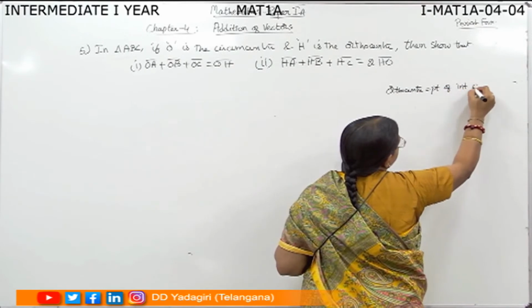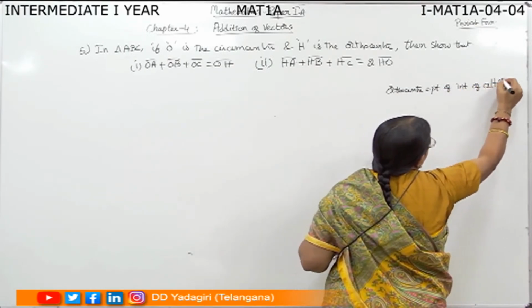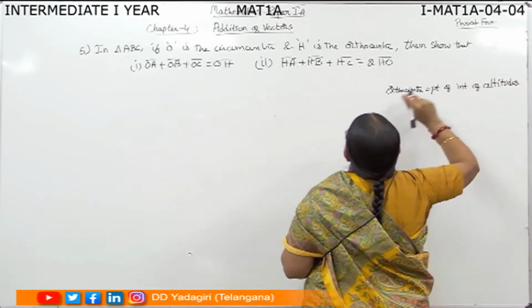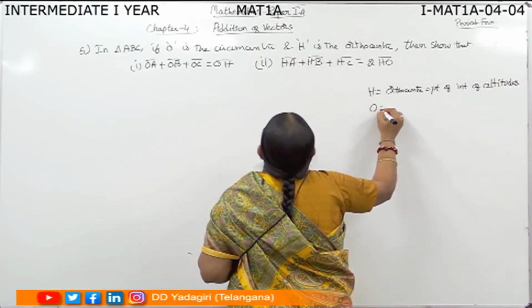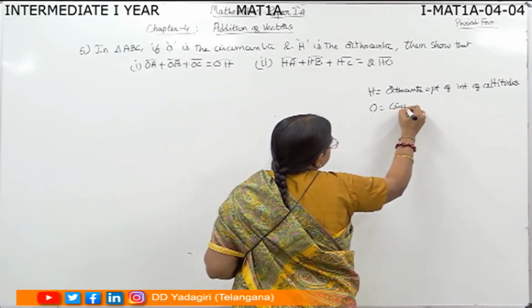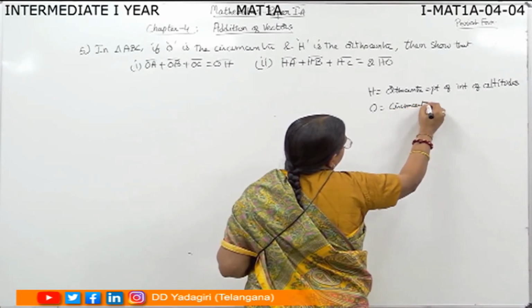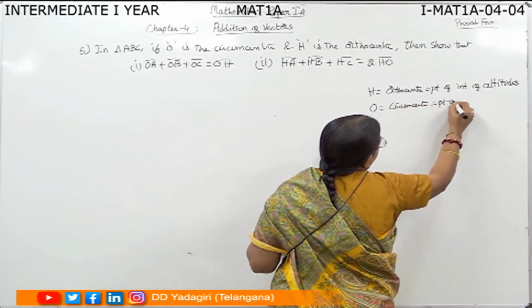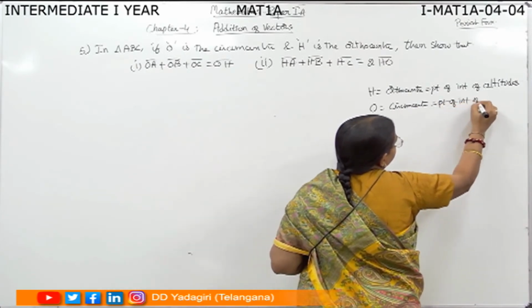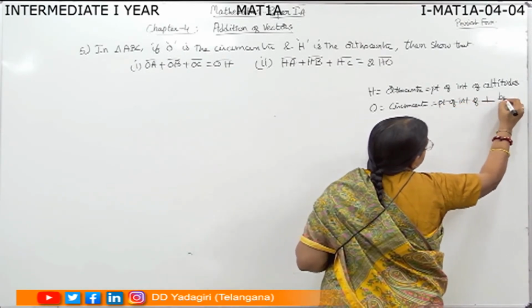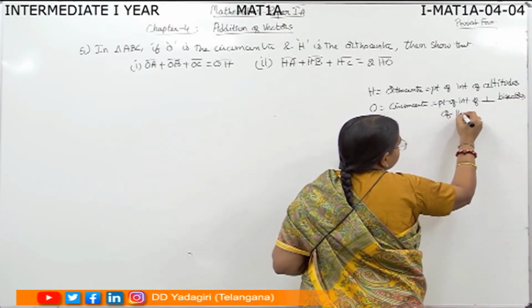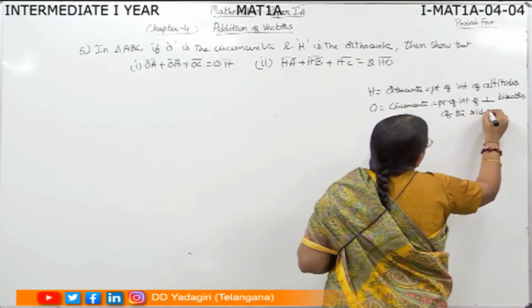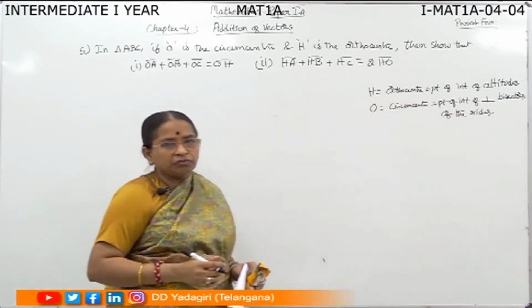So orthocenter is our H, and O is the circumcenter. Circumcenter is the point of intersection of perpendicular bisectors of the sides of the triangle. So these are H and O.